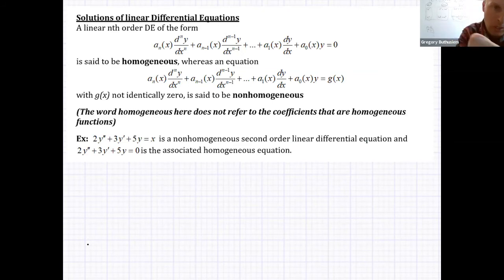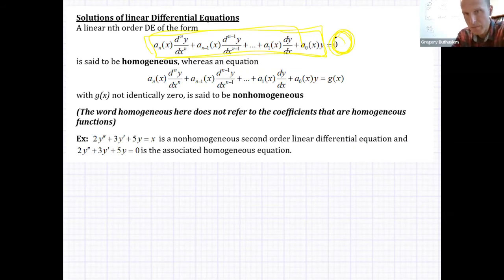So anyway, homogeneous. If I took a linear differential equation, that's what this looks like on this side, and on the other side that function of x was specifically 0, okay? So all the same things we need for a linear differential equation: all the derivatives are to the first power, and the coefficients in front are all functions of x. But this right-hand side was specifically equal to 0.